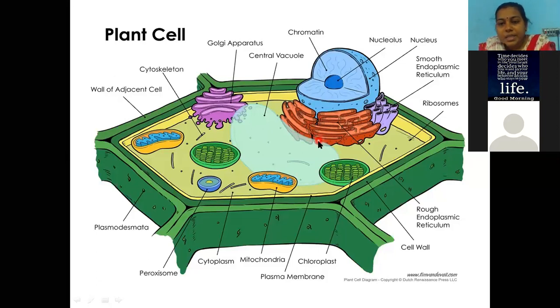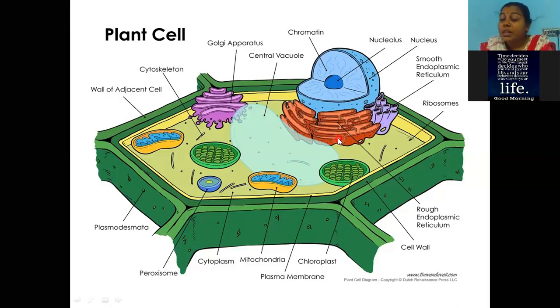This ER consists of cisternae and tubules, and it is distributed in the cytoplasm. This ER has connections with the outer membrane of the nucleus and the plasma membrane.